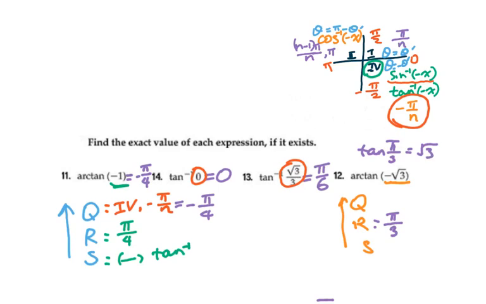So we got the reference angle. For the domain, that's a negative. Inverse tangent, we go to the fourth quadrant. The pattern will be negative pi over n. Therefore, your answer will be negative pi over 3.